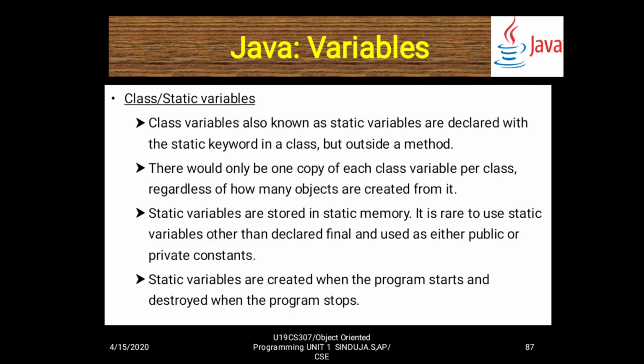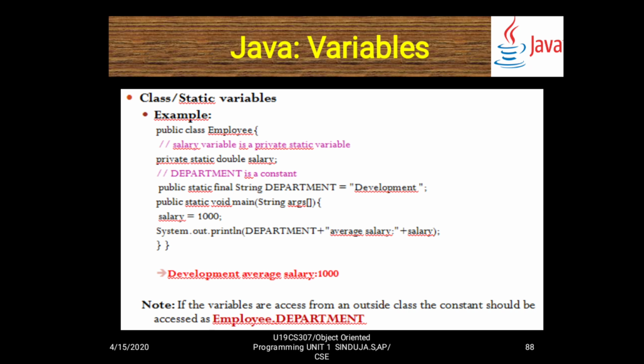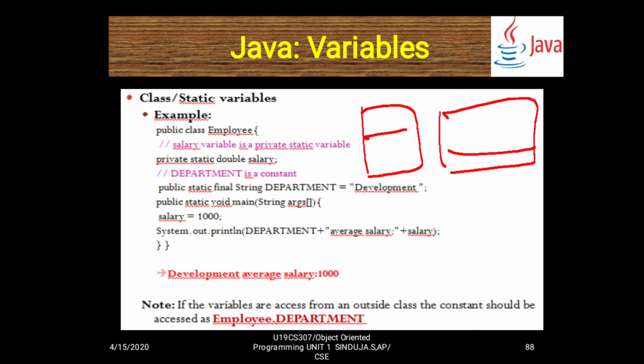And last, finally, we are looking into the static variable. Here, as I told you, this is also created within the class but outside the method, but with a keyword called static. The main difference, let me give you a simple example. These are two objects having different memory space. a is a variable, this is obj1 and this is obj2.